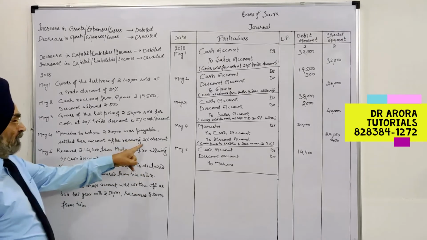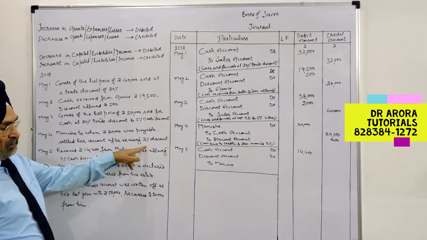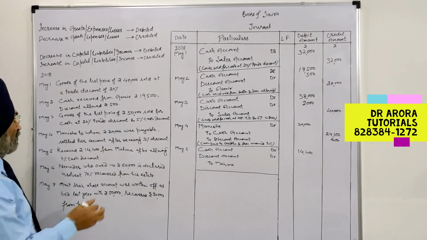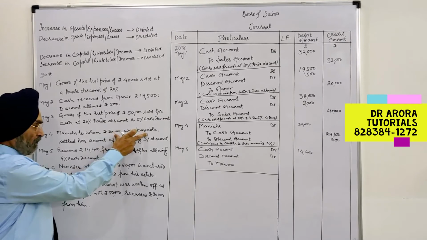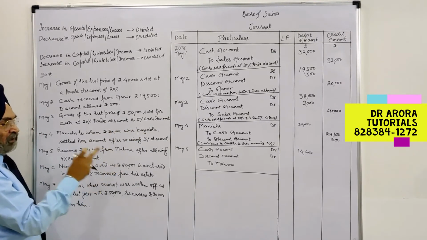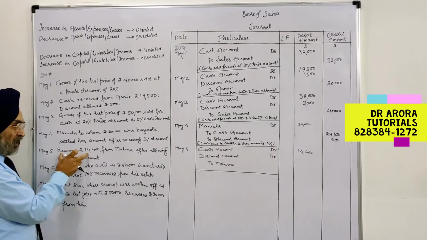Discount when given in percentage. When given in percentage, you have to check whether we are given the amount payable or amount paid, whether we are given the amount receivable or amount received.